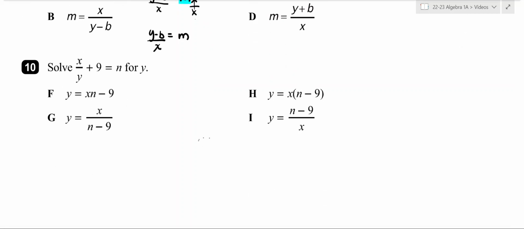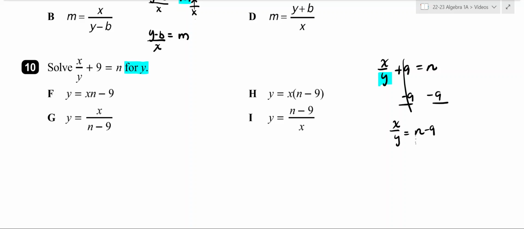All right, the last one. Wait, didn't we just do a problem like this one? X over y plus 9 equals n. And we're trying to solve for y, right? So that means we need to subtract 9 from both sides. So we have x over y equals n minus 9, right?